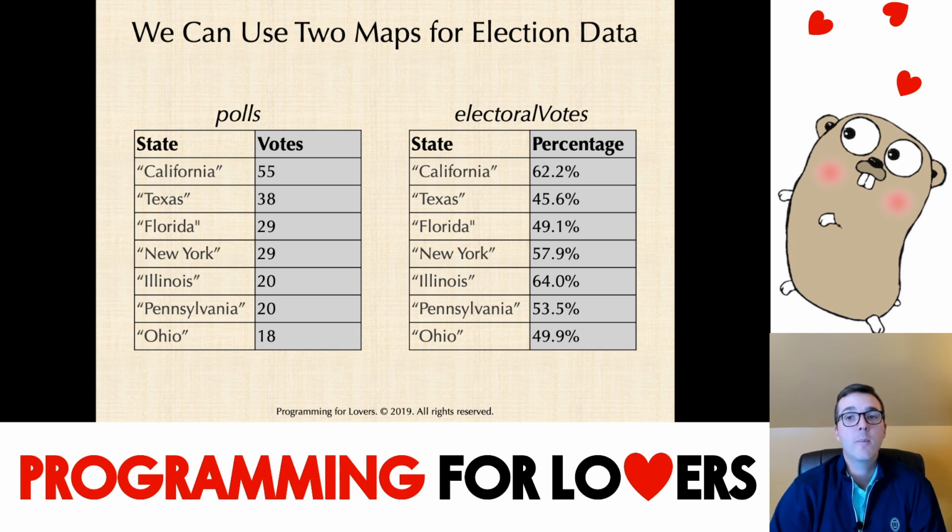And then I could have another map that would store the, I've got these backwards actually, so apologies, but the one on the left should be called electoral votes, the one on the right should be called polls, and those indicate that states are the keys, and the keys have values associated with them that are represented by the percentage of people in the poll within that state that have indicated preference for one of the candidates.